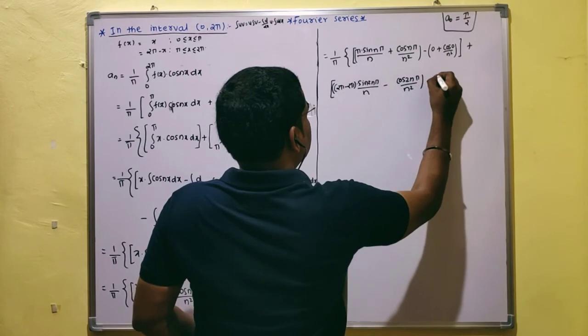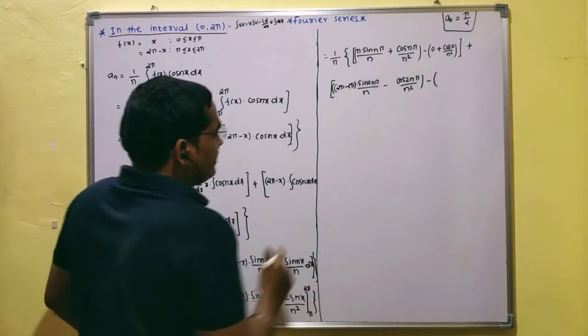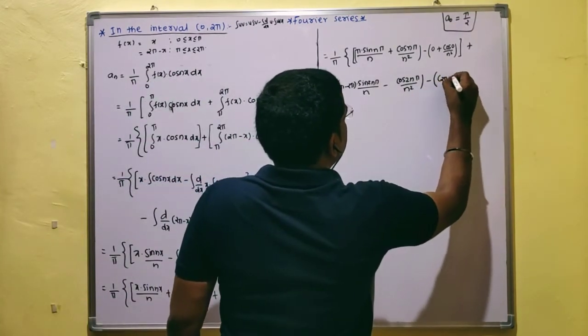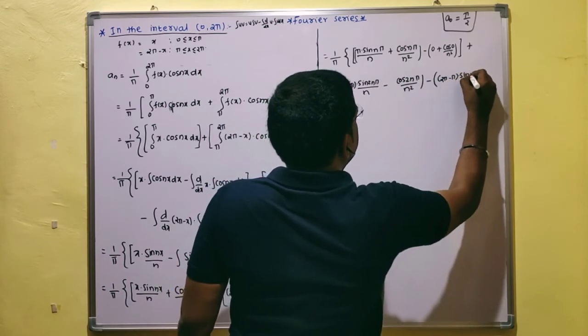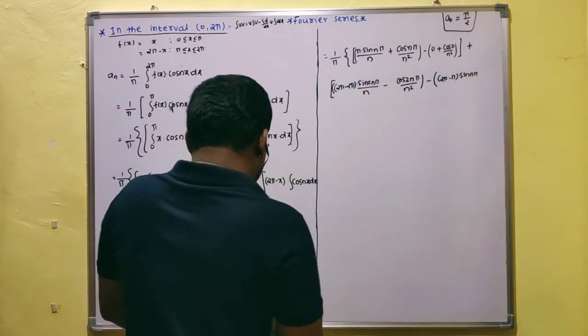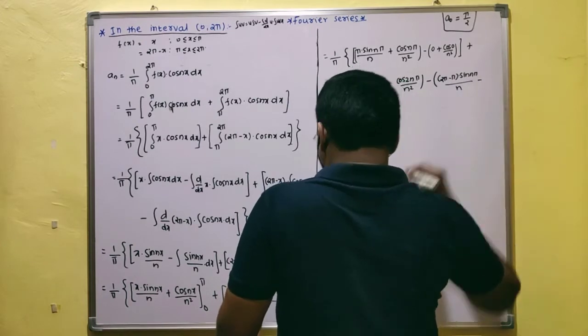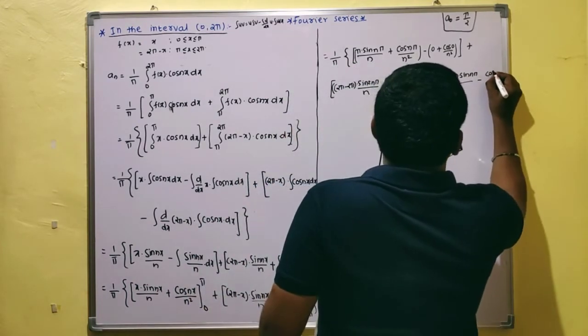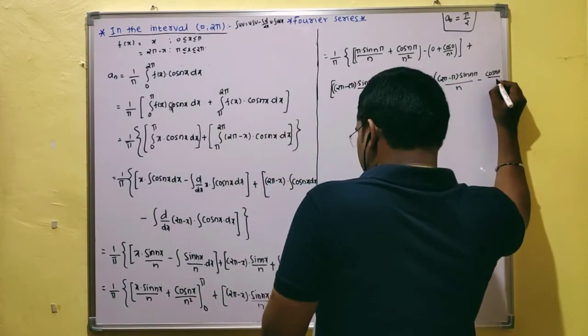Now minus the lower limit: putting here 2π minus π into sin nπ divided by n, minus again cos nπ divided by n square.